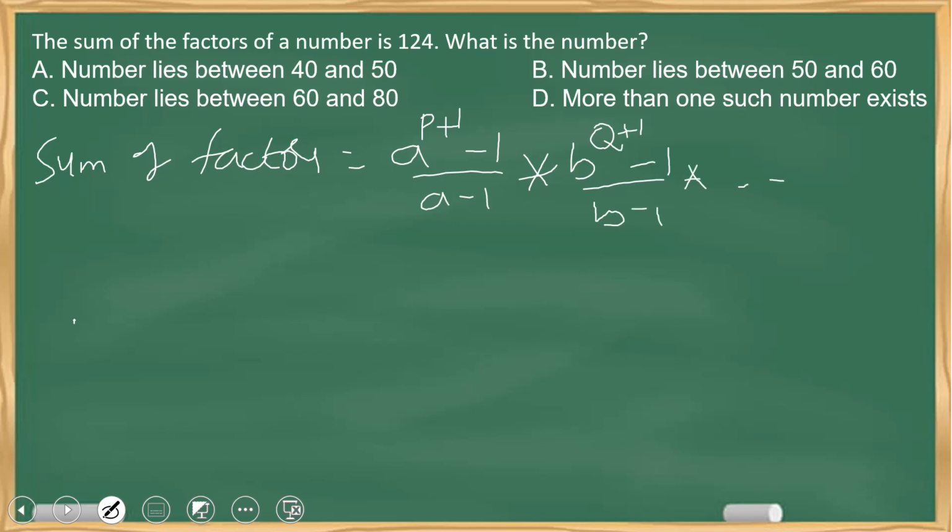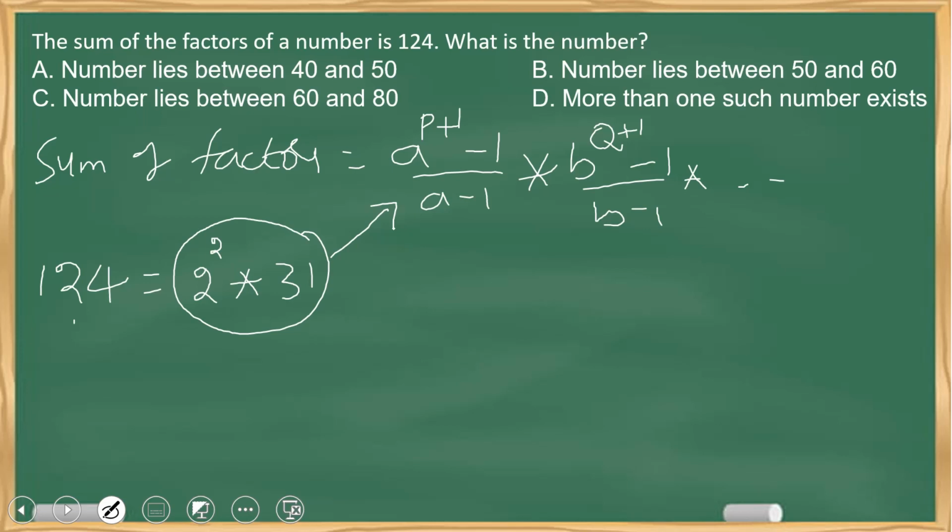Now 124 is given, so first factorize 124. 2 square into 31, correct? Sir, you can say this very easily because you know the answer. It's not the case. When I look at 31, immediately I should get in my mind that it is 32 minus 1, and 32 is 2 power 5.